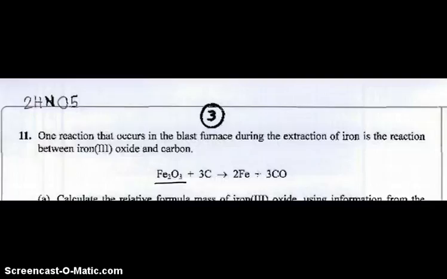So if we look for our ratio for what it's asking us in the question, we're looking at iron 3 oxide, and we're also then looking at iron. So there is a 1:2 ratio there. So what that means is 1 mole of iron 3 oxide will make 2 moles of iron.